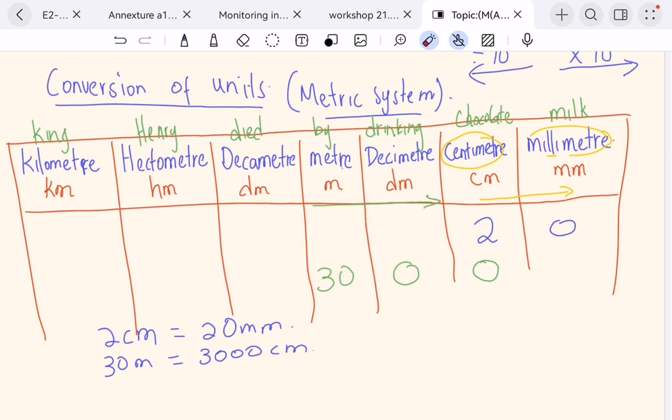That is moving from big to small. But what if we have to move from a small unit into a bigger unit?